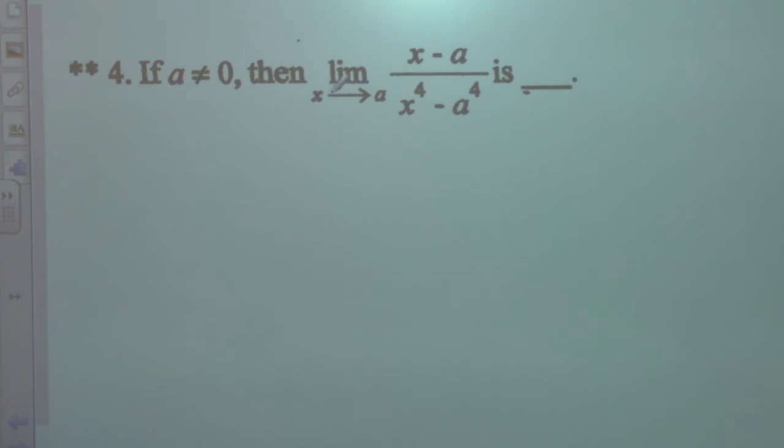Because if x goes to a, then you have a to the 4th minus a to the 4th, and you have a minus a. So that's more work, right? Yeah, that makes sense. So what you have to do is factor and cancel. Well, how do you factor this guy out here? So I want you to try to do that for a minute.